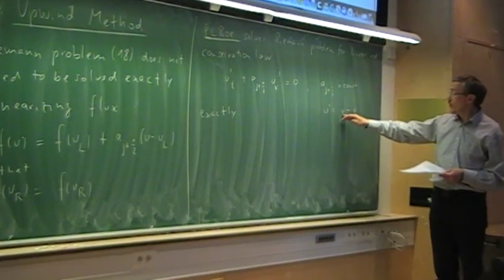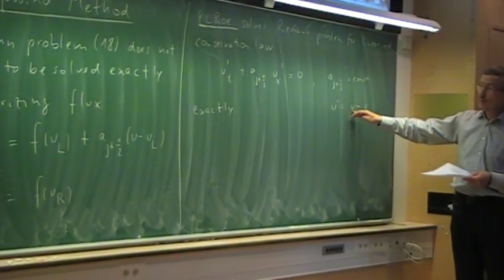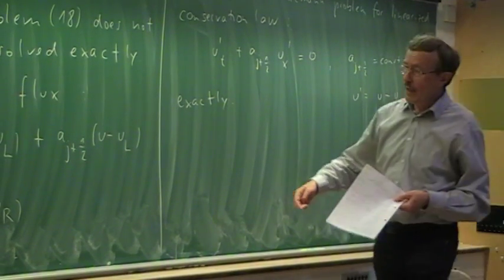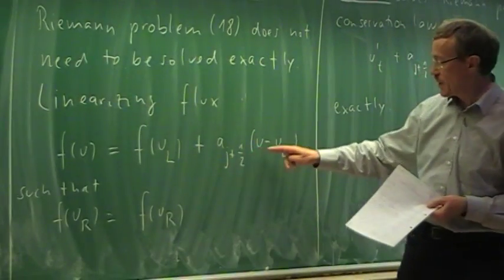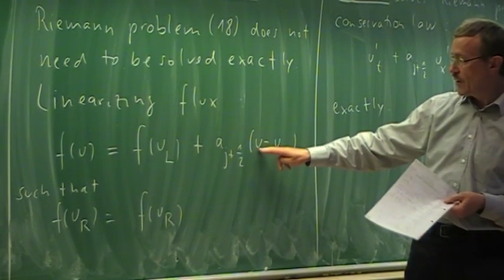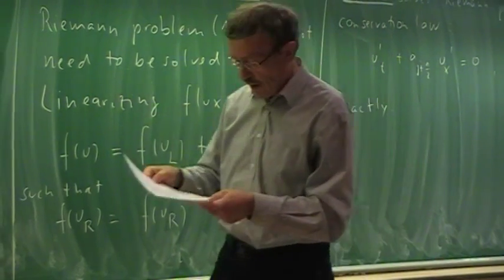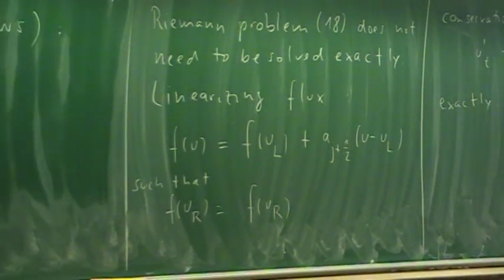The value to the left, for the u prime, would be 0, and the flux that we would get, if we take this here, would be f of ul plus 0. We would get the flux f of UL. So that we can take already as a result.